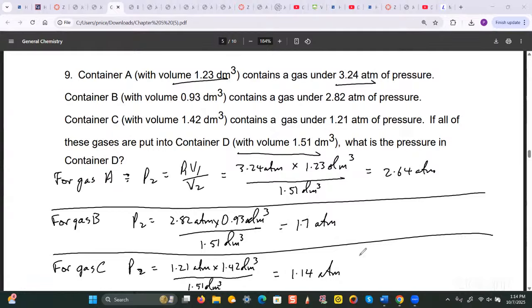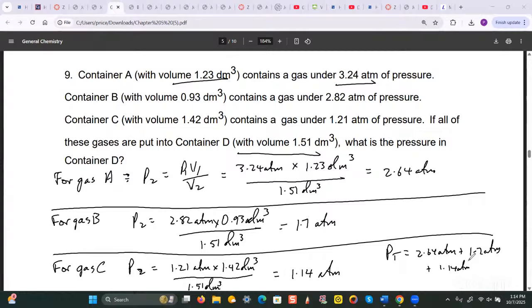To find the total pressure, how do we do that? We add them up. So we add 2.64 atmospheres plus 1.7 atmospheres plus 1.14 atmospheres. Let's see what that gives.